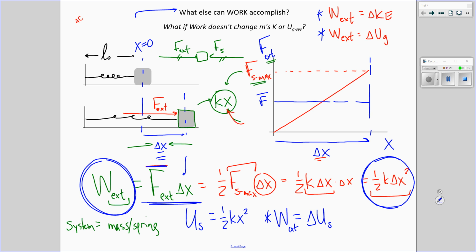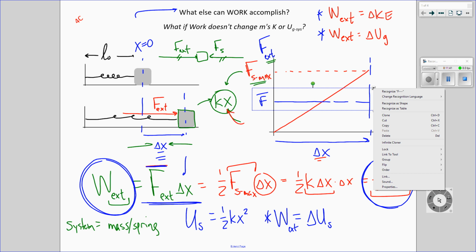Okay? I want you to notice also something about what we're doing when we calculate this 1/2 k delta x squared thing. Well, we came at it from this idea of average force times displacement, but we can also come at it like this. Let me get rid of my average force thing here.